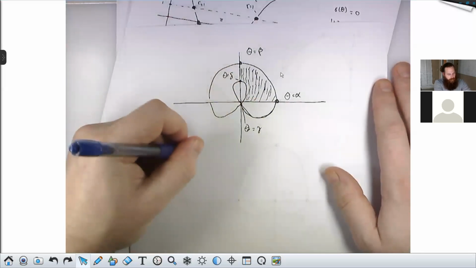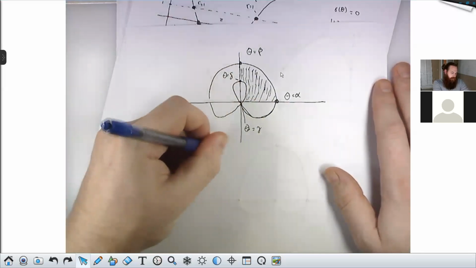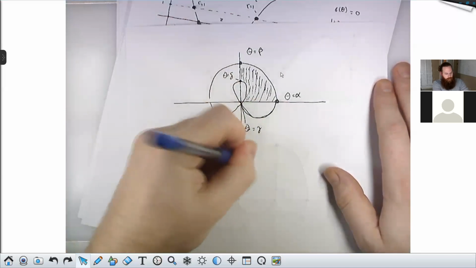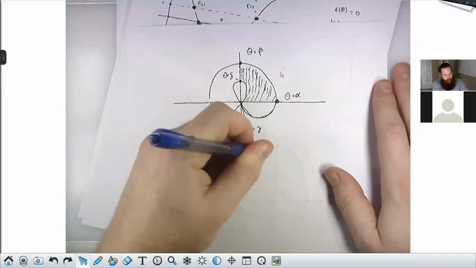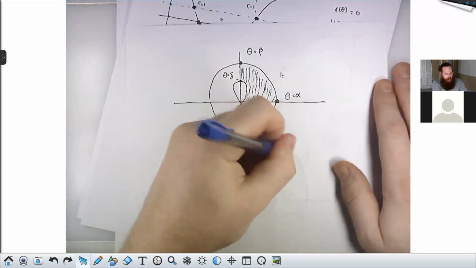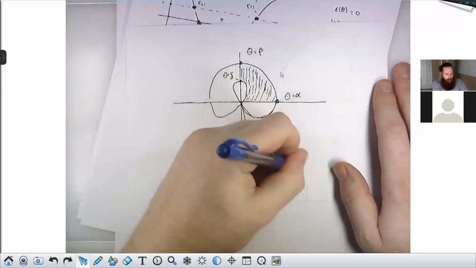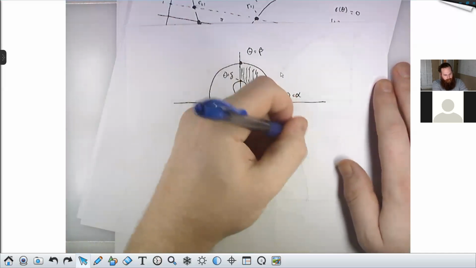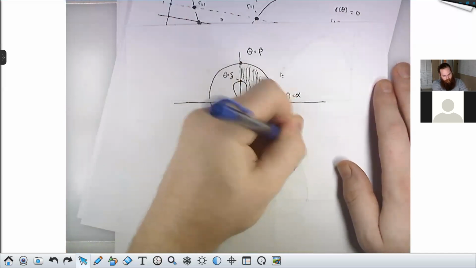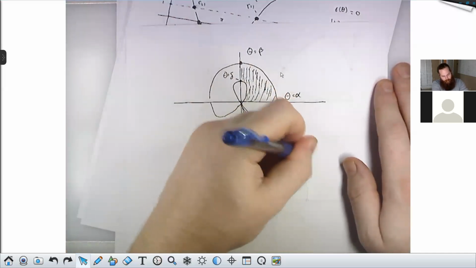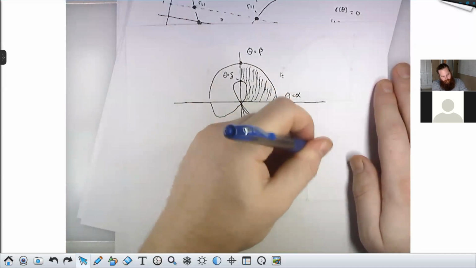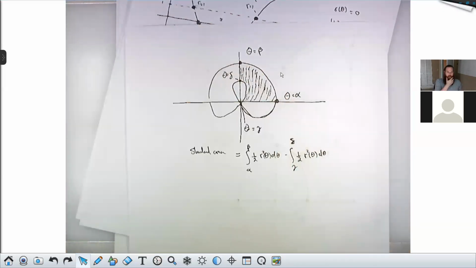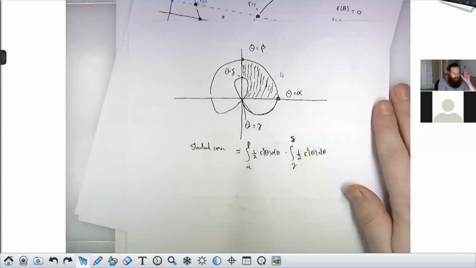So the shaded area would be the integral from alpha to beta of 1/2 r squared of theta d theta, minus the integral from gamma to delta, sorry, a bad delta, of 1/2 r squared of theta d theta.